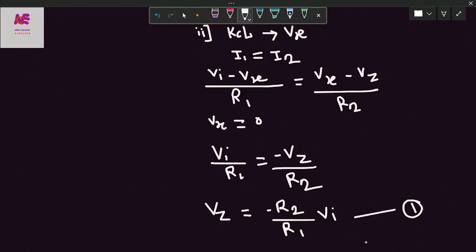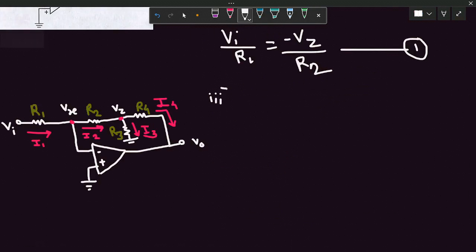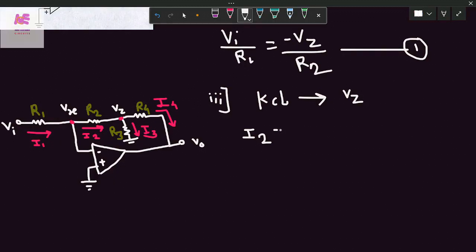Now apply KCL at Vz. I2 is the incoming current, which is equal to the summation of outgoing currents, which means I3 plus I4.